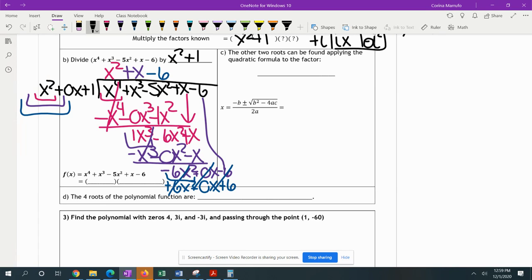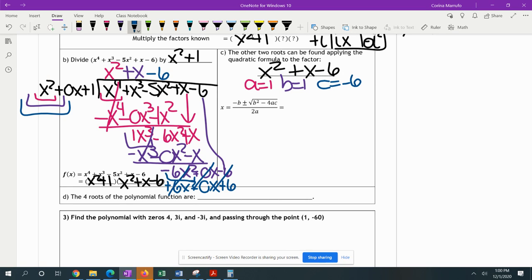So this means that x squared plus 1, which is what we got from multiplying our conjugates, and x squared plus x minus 6, which is what we found after we divided, is going to give us our solution. So we're going to go ahead and figure out with the quadratic formula x squared plus x minus 6. a is 1, b is 1, and c is negative 6.